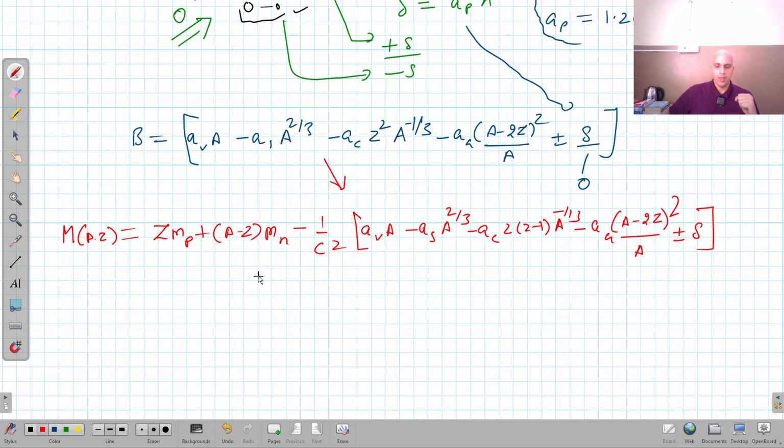This is the expression for the mass of the atomic nucleus in terms of different contributions that arise because of different factors of the atomic nucleus.